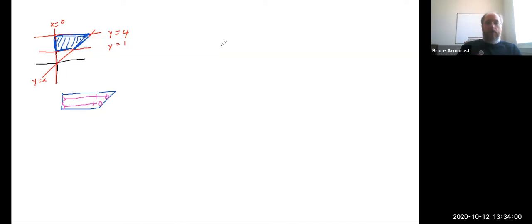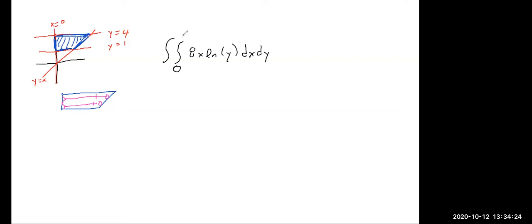So here's what that's going to look like then. We're going to have the double integral of 8x natural log of y, but we're going to do dx dy. So we are on x equals 0. And where's his head? x equals y.